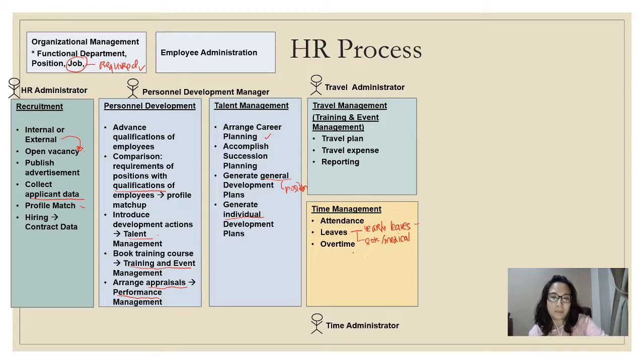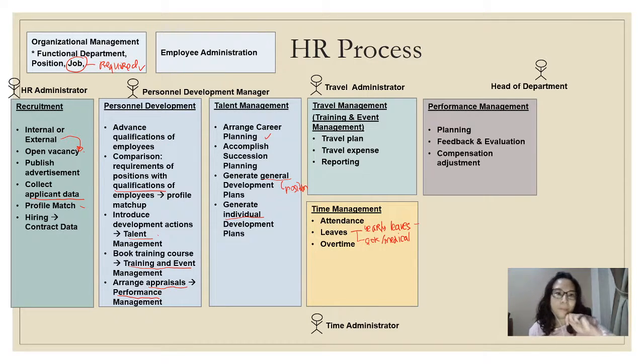So we need to track whether the employee really has overtime or not, and then we can calculate later how much the company needs to compensate for the overtime.